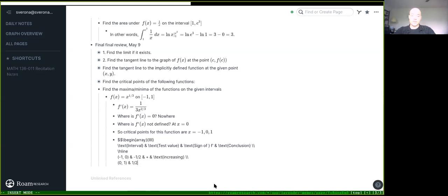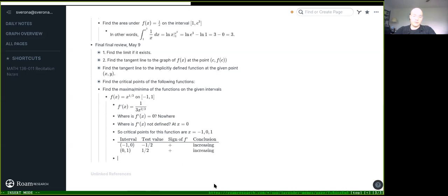I can go through the same process for 0, 1. You might want to pause the video and do it yourself, but you're going to get the same thing. So I'm going to close up my table here, and I get a pretty little table. So what does this tell me? In particular, what does it tell me about the critical point 0?